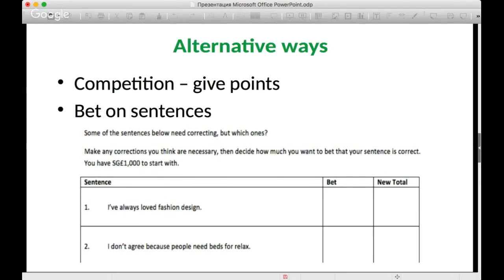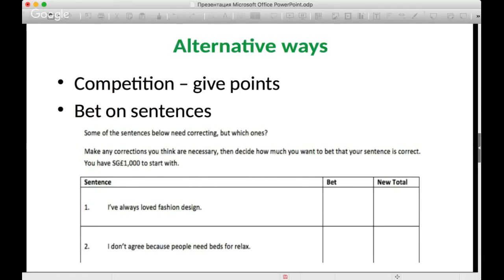They have some amount of money, for example £1,000, and they read the sentences. If they know for sure that there is a mistake in the sentence and know how to correct it, they can bet a larger sum of money. So they divide this £1,000 between the sentences, and then they need to correct them.